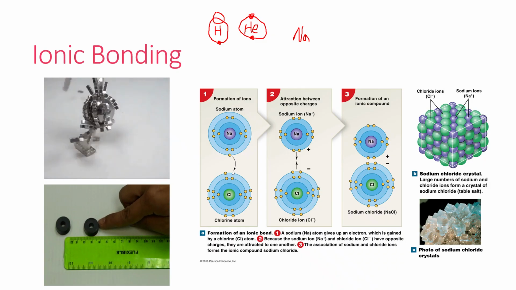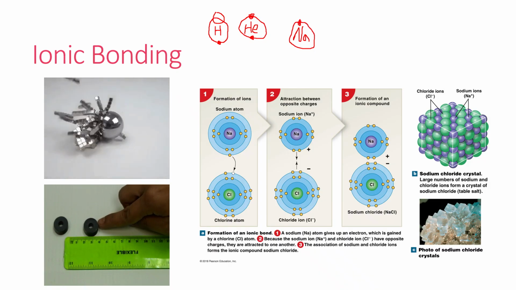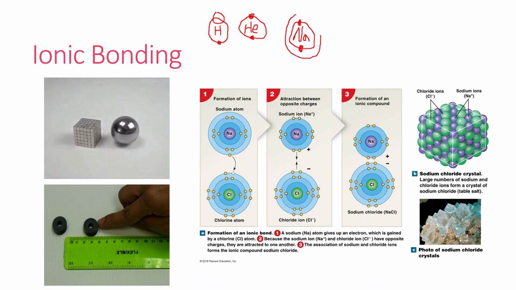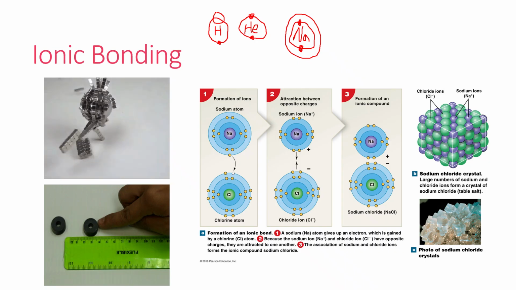We draw that first shell, and how many electrons go in this first shell? 2. So we still have 9 more to go, so we draw a second shell. For our purposes, the first shell can only have 2 electrons, but all the rest of the shells can have a maximum of 8. So we still have 9 more.